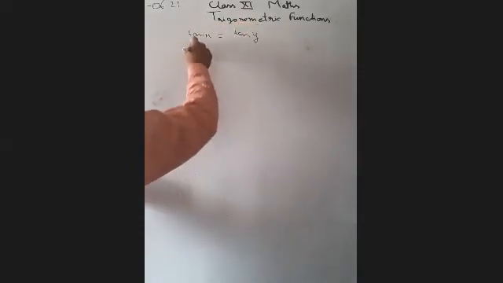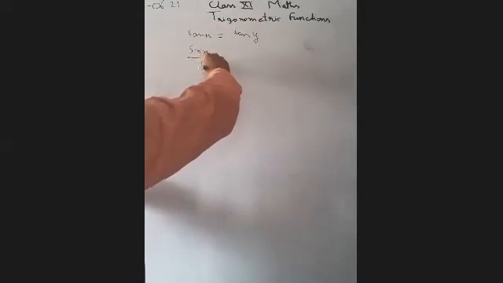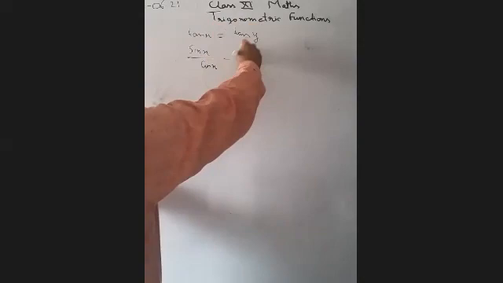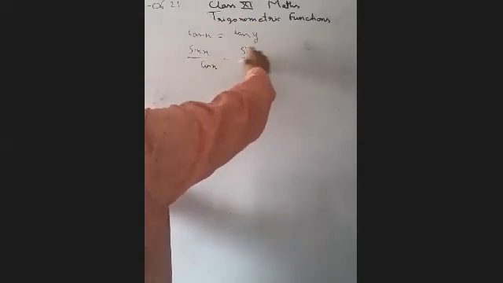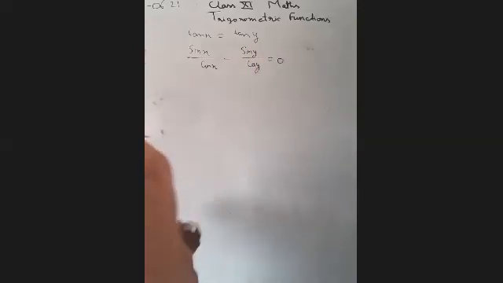Tan x we can write as sin x upon cos x minus sin y upon cos y. We have taken it to the left hand side and converted into terms of sin and cos.